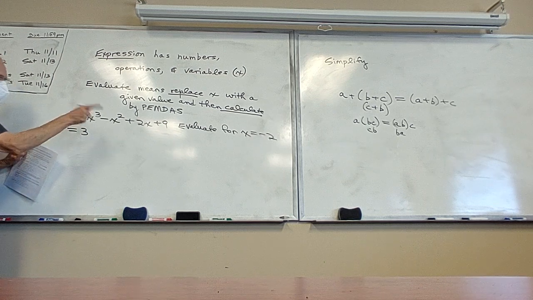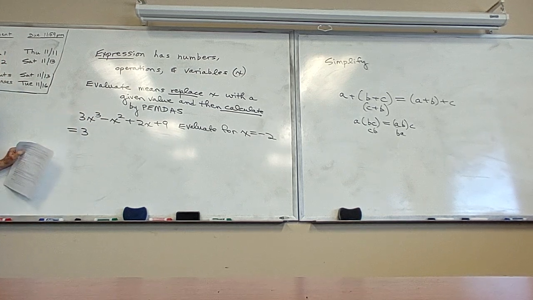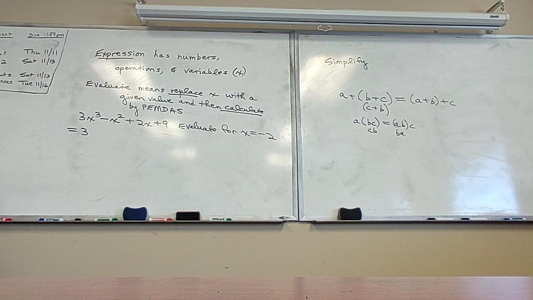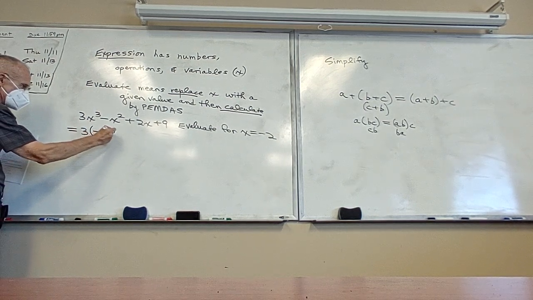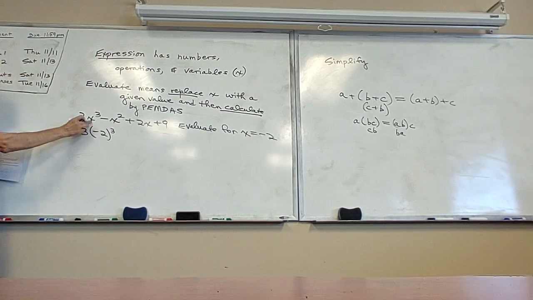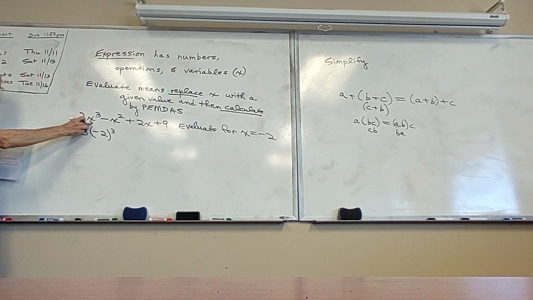And if it is a negative quantity you're putting in for x, always put it in parentheses. Sometimes a positive needs to be in parentheses too, to make it clear what you're doing. But every time it's negative, it has to be in parentheses. So you've got to do this. Now, why do we have to put in parentheses, but we didn't have to put the x in parentheses? That seems unfair.